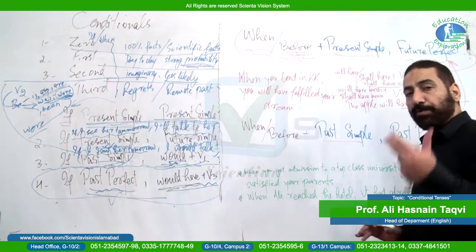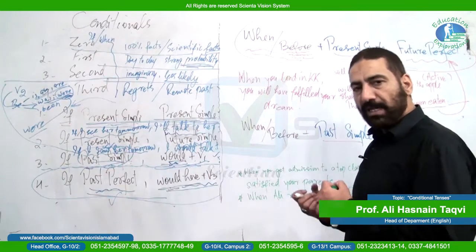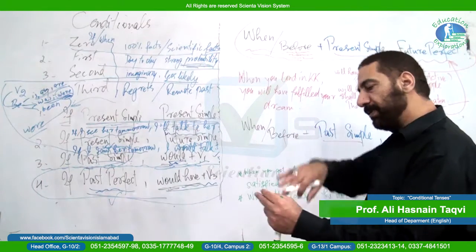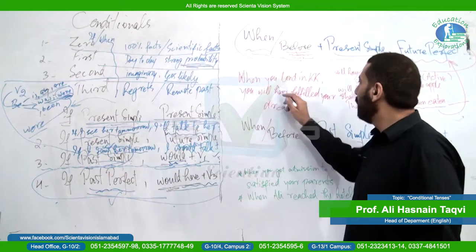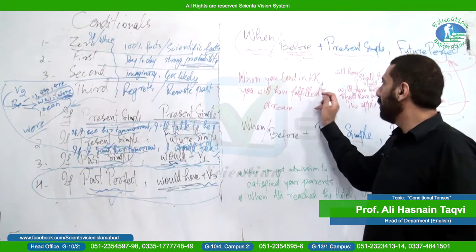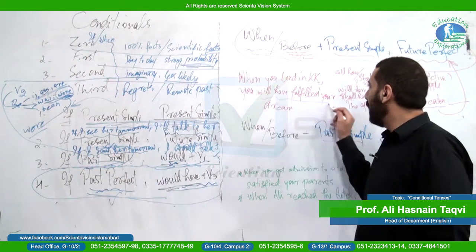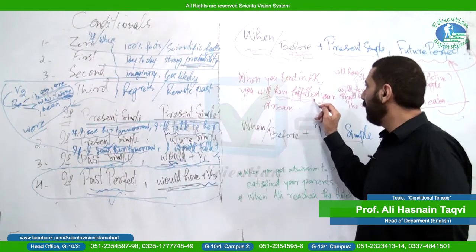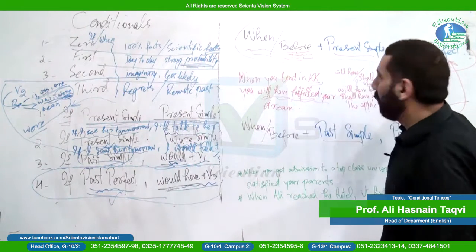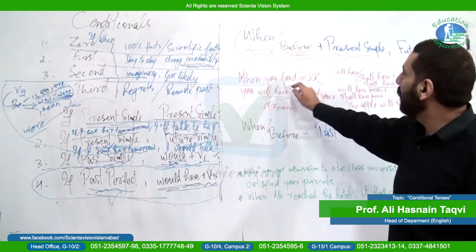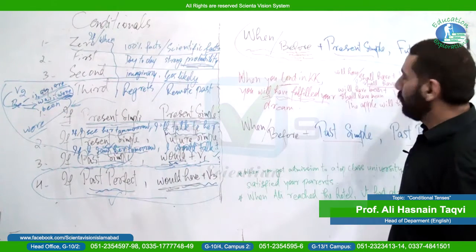This is a future prospect, some desire: when once something happens, as a result something else happens. Like when you land in Kalashakaku, you will have fulfilled, future perfect. With present simple, when you land, future perfect.